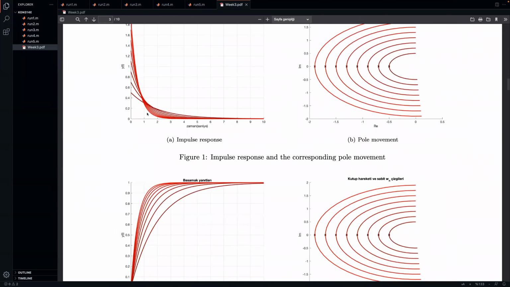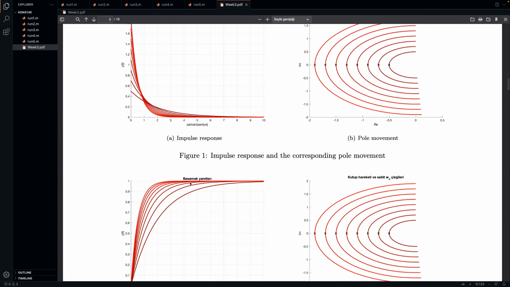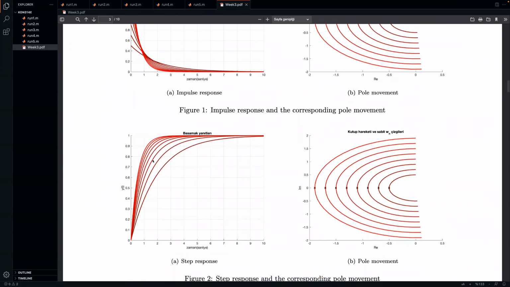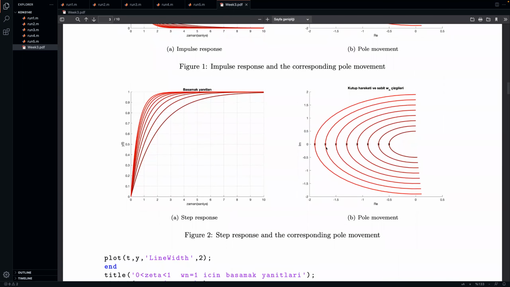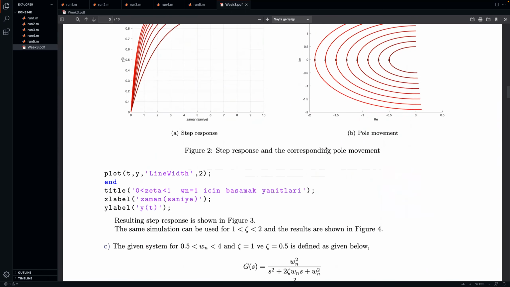We talked about the non-negativeness of its impulse response, the non-overshooting property of its step response, and if the magnitude of the pole increases, the settling time decreases and the system becomes faster. On the S domain, this corresponds to circles with radius omega n, and we can see that when we go towards the left, it becomes faster.